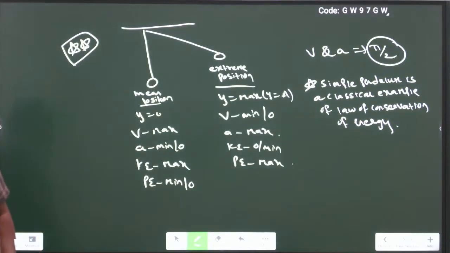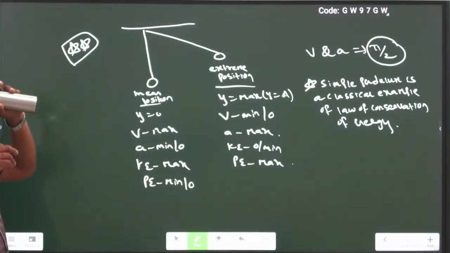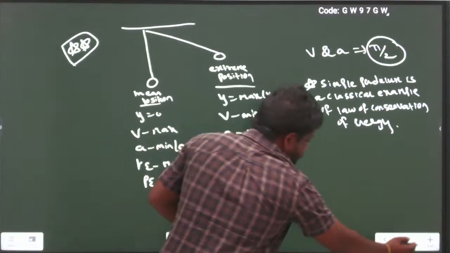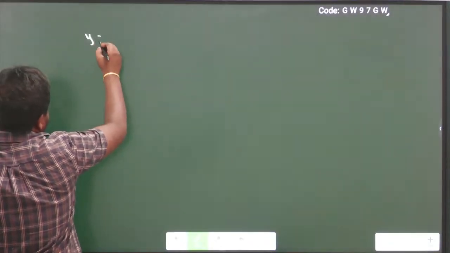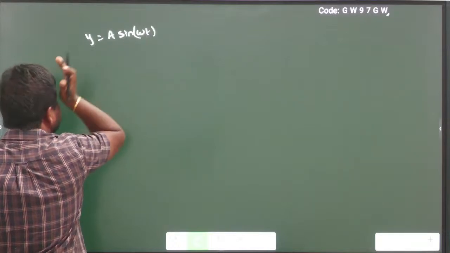Now we will see the formulas once again. Displacement formula is what? y is equal to a sin omega t, when going from mean position to extreme.